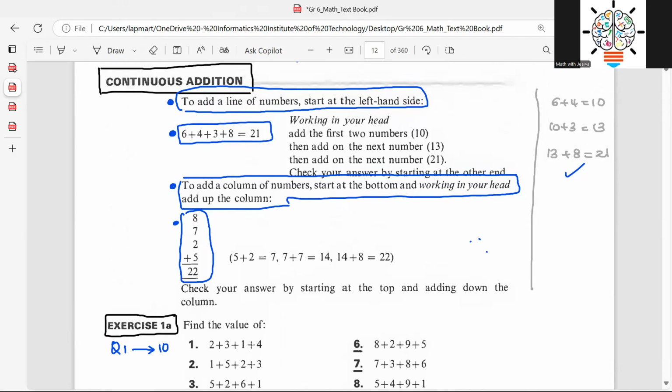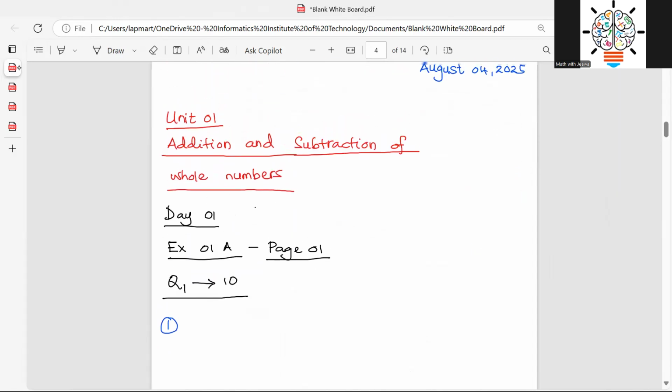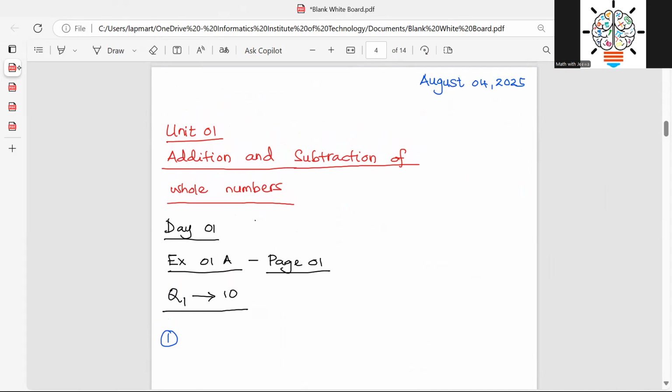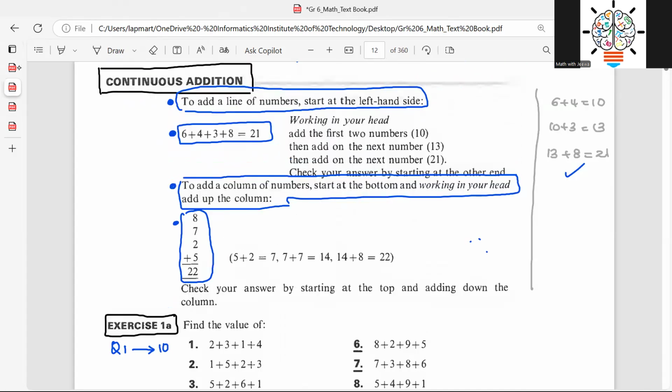That is the theory. You put the date, write the main topic, and here I missed one thing: you can write the continuous addition, the subtopic, also. Then you complete the sum.